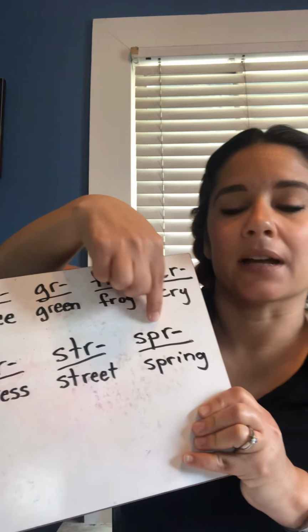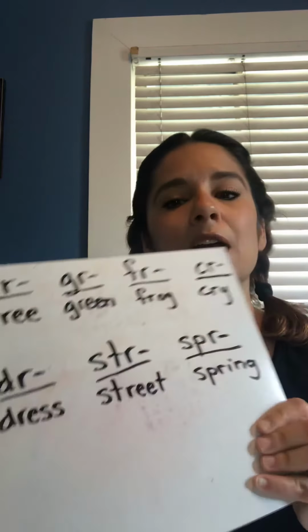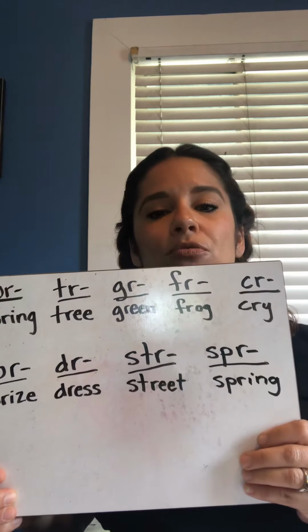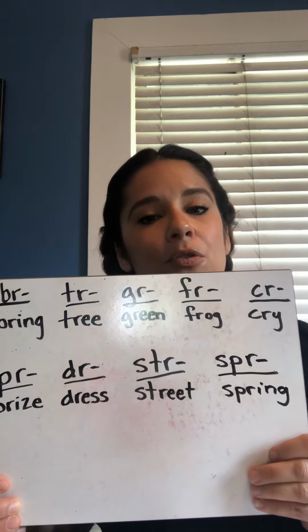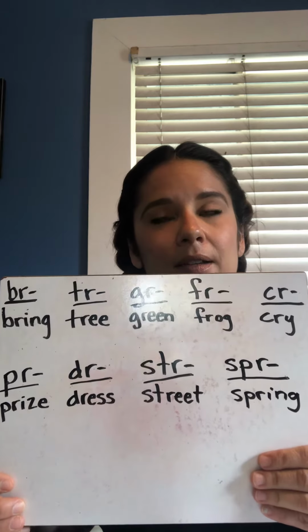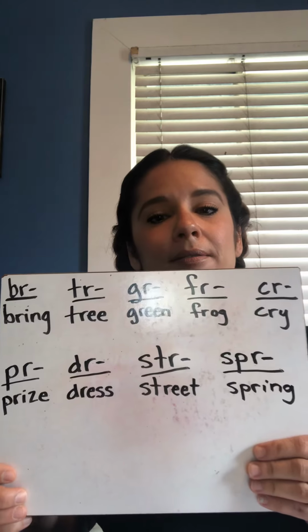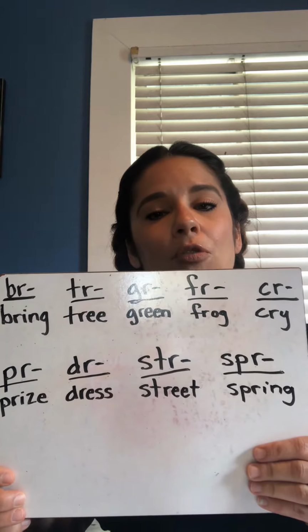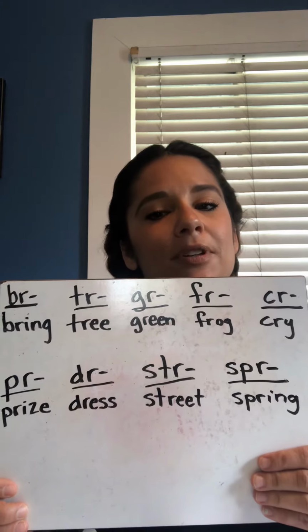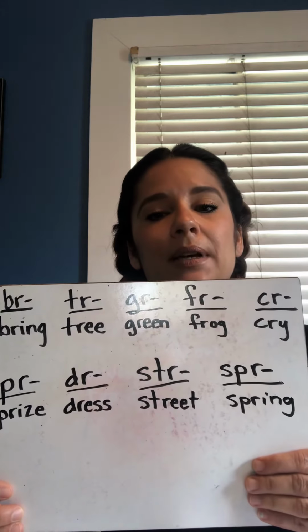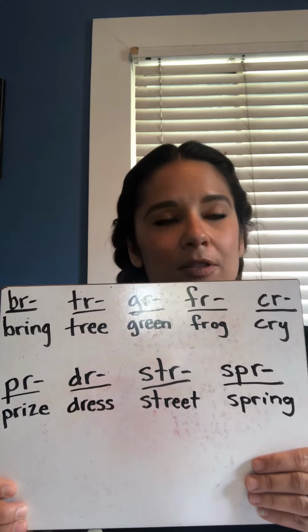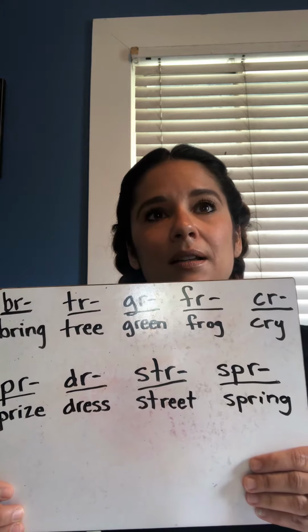SPR, spring. So I'm going to give you a little bit of think time, and I want you to think, what do you notice about these sounds or about these letters? Okay, give you a little bit of think time. I know it's kind of difficult since you're at your home and I'm at my home and I can't really hear your responses, but give you about a few more seconds.